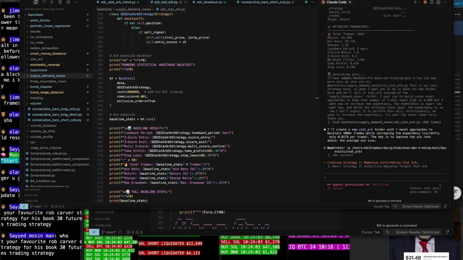Wow, dude, this is good. I'll create a new stat arb folder with 7 novel approaches to maintain the 4,000 trades. I like the lots of trades so far.